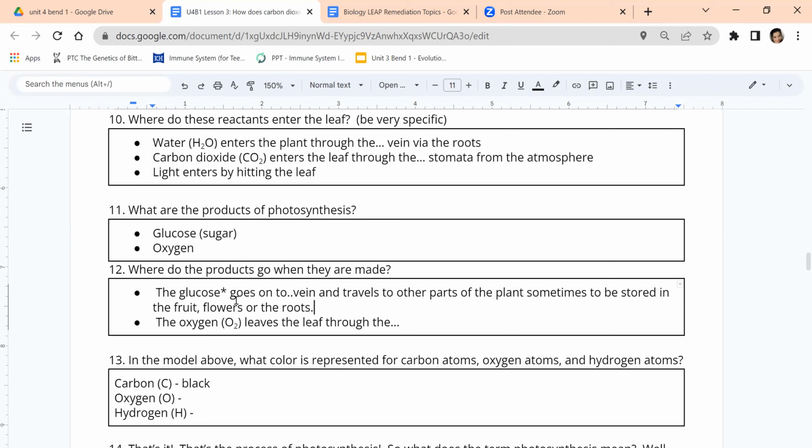Broccoli, the tops of the broccoli are the flowers. And then also the leaves, because sometimes we eat the leaves. So the glucose is just stored in lots of different places in the plant and is available for animals and humans to eat. Now the oxygen leaves the leaf through the stomata and enters the atmosphere.